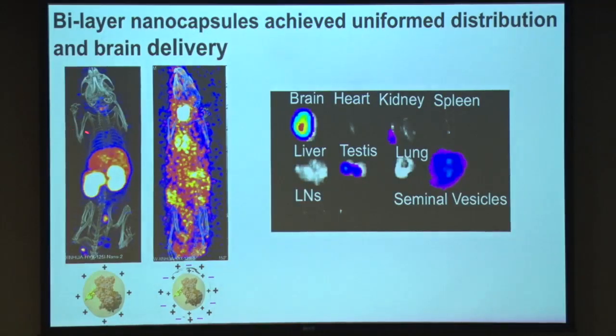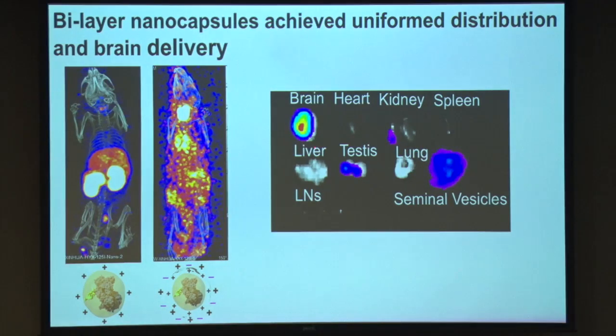So that's the proof why we cannot directly use the positively charged nanocapsule, because when we inject it into the body, the particle will go to the liver and kidney right away. By coating the outside layer, the particles can distribute uniformly again, same as the one we used for brain delivery.